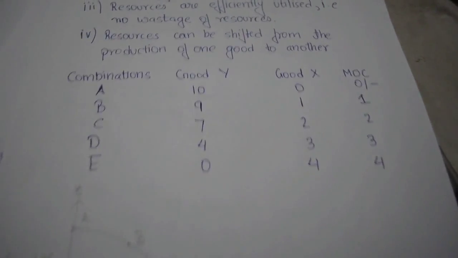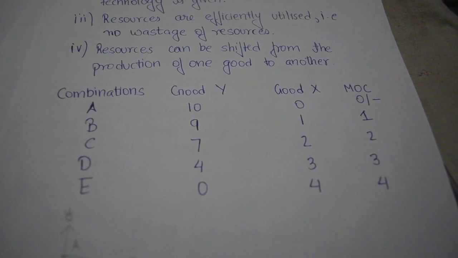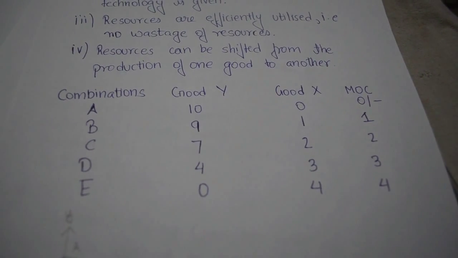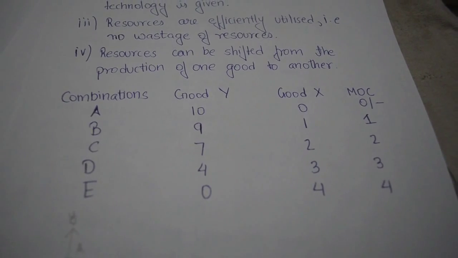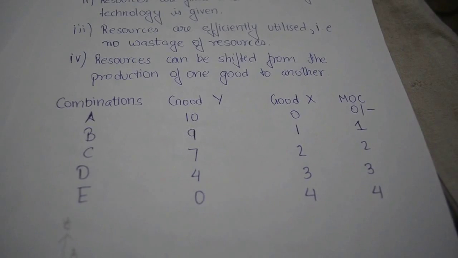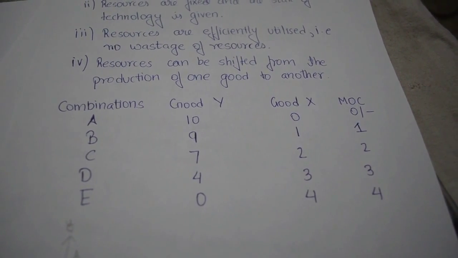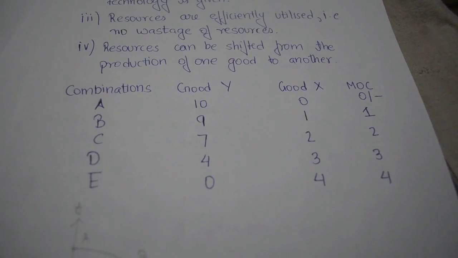Here's one example. Combination A shows that 10 units of good Y are being produced in an economy and 0 units of good X. MOC is not available here. MOC is marginal opportunity cost, which is how much of the first good we have sacrificed for 1 unit of another good.